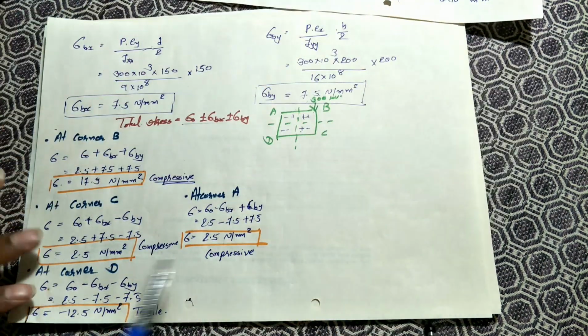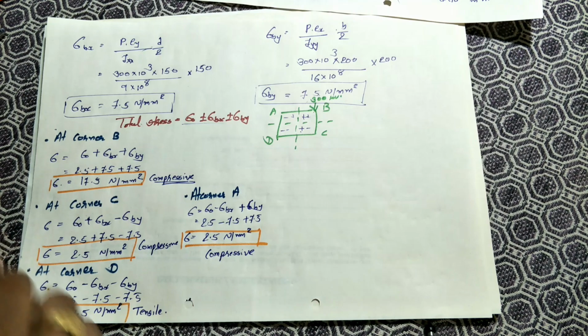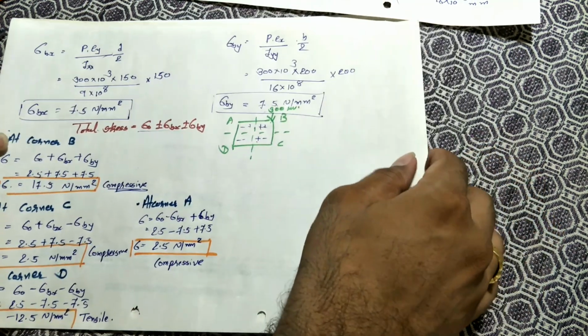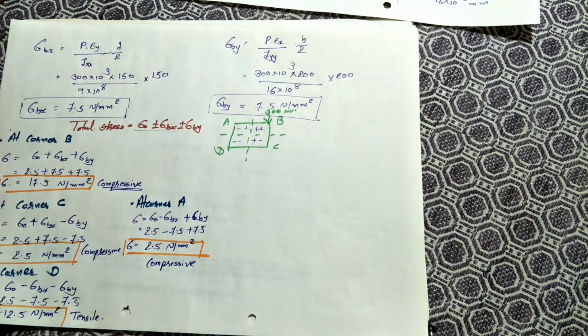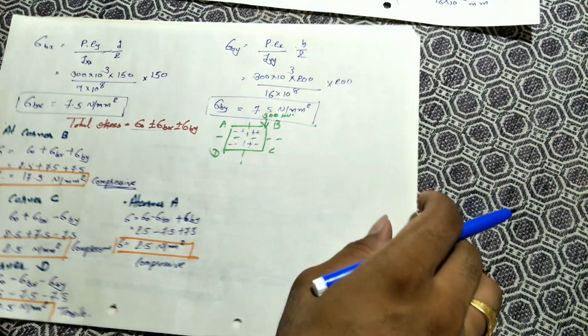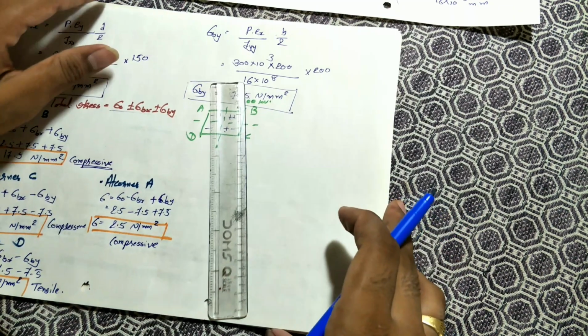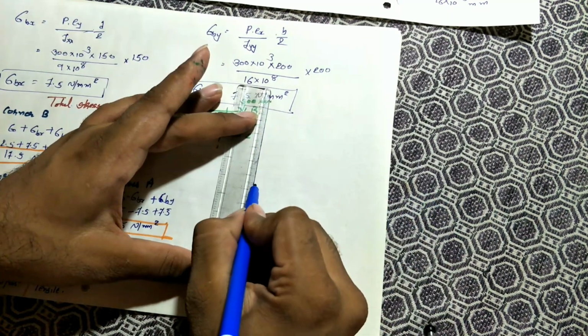So next, as per the question we have been asked, draw the stress distribution diagram at each side. We have calculated the stress. Now we'll draw a stress distribution diagram. Okay, so we'll draw a figure at the last.